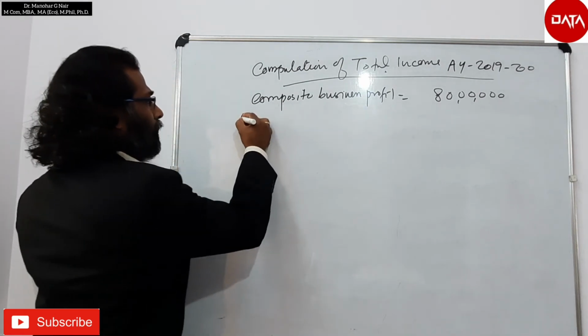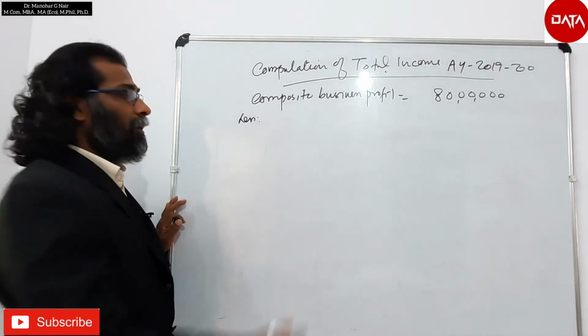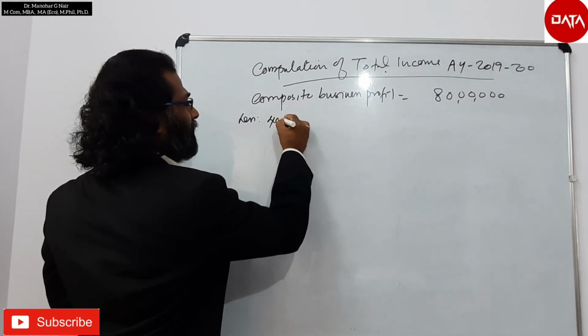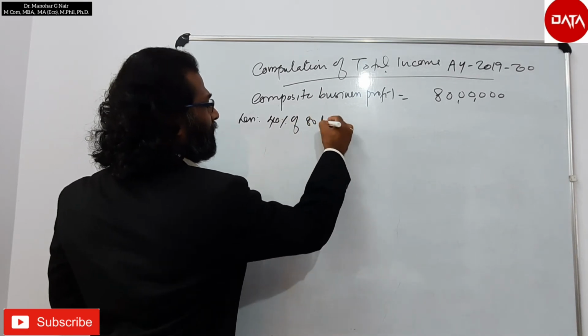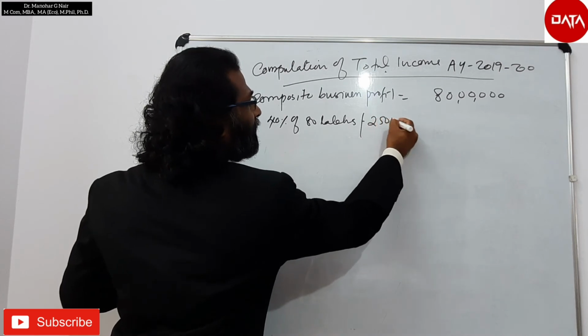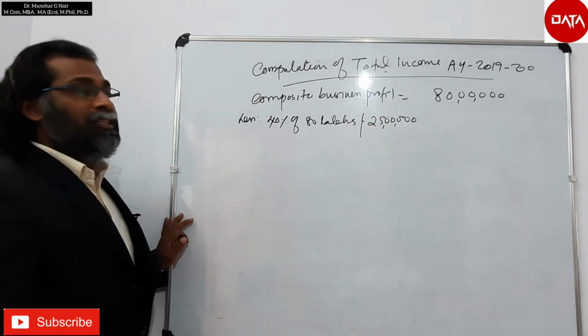From this value, the assessee can deduct 40% of 80 lakhs or the amount deposited, that is 25 lakhs, whichever is lower.